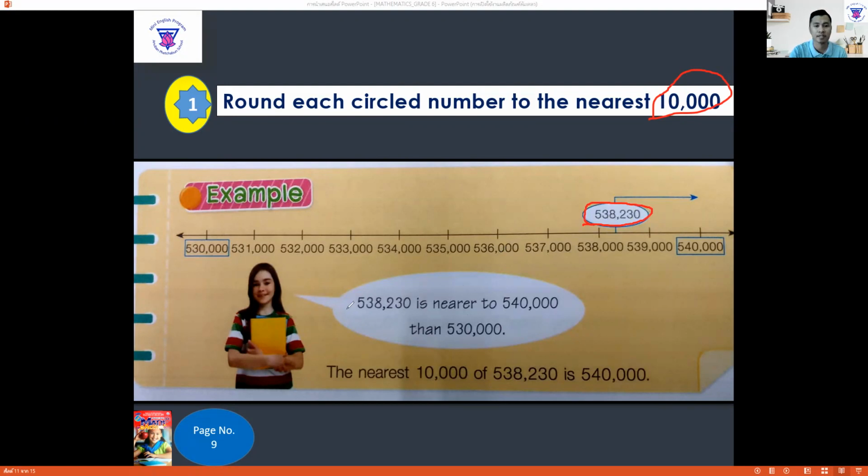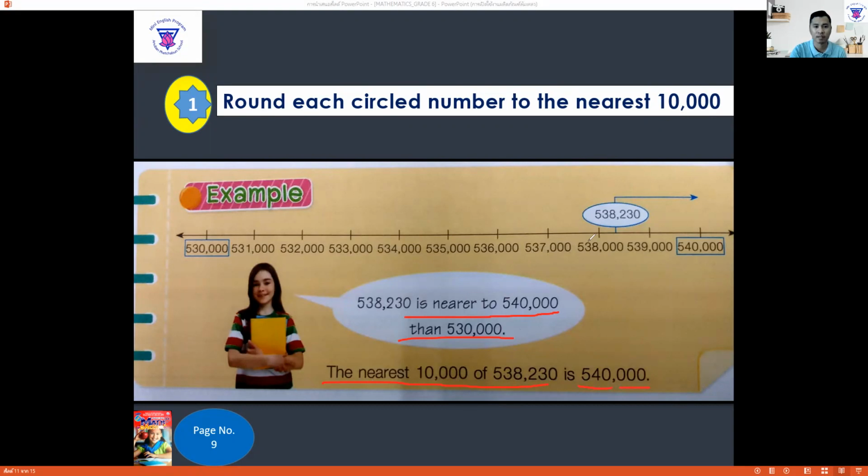538,230. Okay, so let's say 538,250 is nearer to 540,000 than 530,000. So the nearest 10,000 of 538,230 is 540,000.